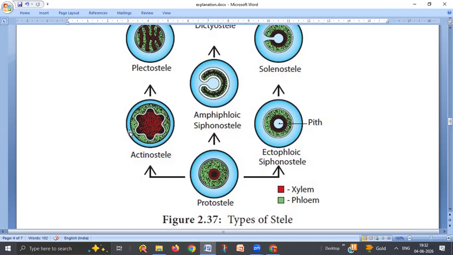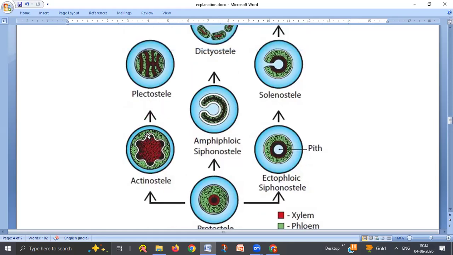A star-shaped xylem is observed in actinostele. In plectostele, the xylem is cut into different plates. That is called plectostele. There is also a mixed protostele. All these, protostele, actinostele, plectostele and mixed stele, are observed in Lycopodium.